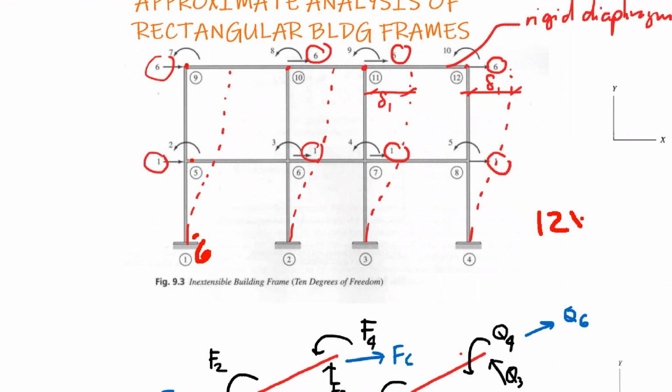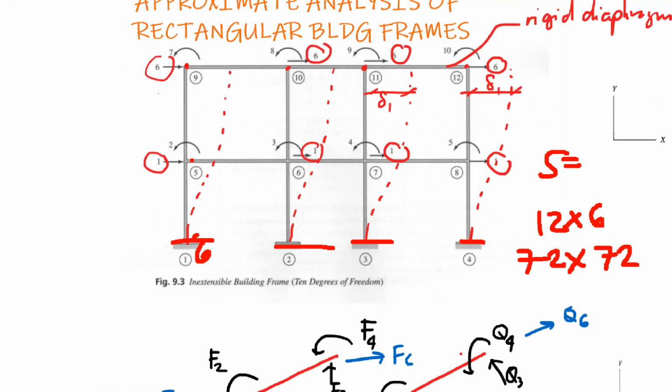And 12 times 6 is 72. So the global stiffness matrix will be 72 by 72. Okay. Since we have restraints here, that will reduce it by how many? We will less 1, 2, 3, 4, 24. So 72 minus 24 will be 48 by 48. Okay. So in reality, if you have a 3D building, that will be a large stiffness matrix.